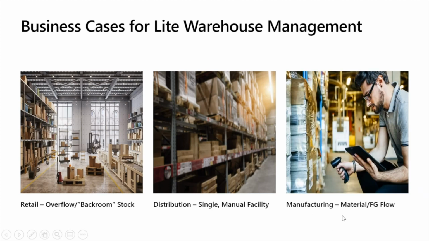And another one that is fairly common as well would be if we switch our focus from distribution to manufacturing. If we're in a manufacturing facility, we may have some simple use cases for warehouse management around the flow of goods. So materials coming in that need to make their way to the production lines, and then also just material going out from production just back into storage.